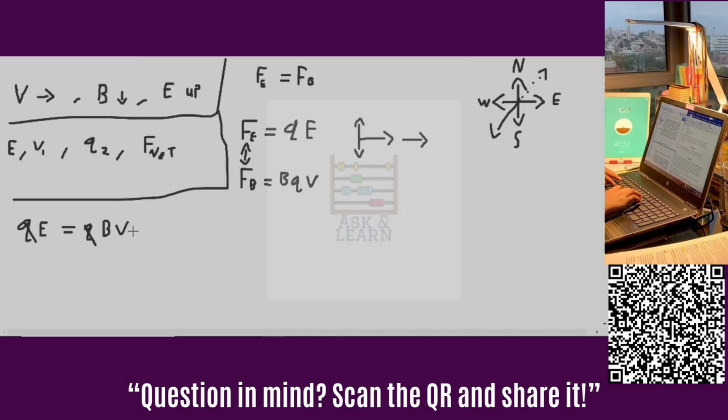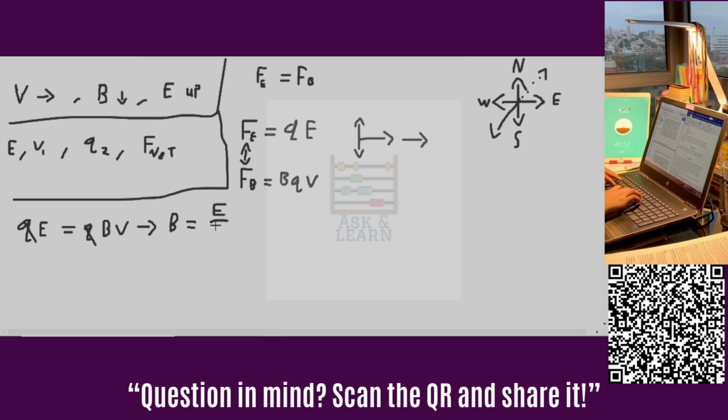So we have V1 and we have E. Now we can plug both of those numbers in. You can rearrange to solve for B here by dividing both sides by V. You get your magnetic field for this machine is equal to the electric field, which we're given, divided by the velocity of the first particle, V1, which we are also given.